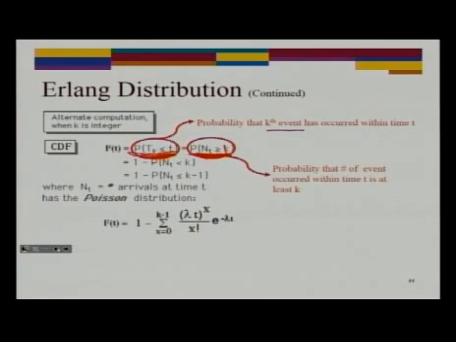However, to compute the Erlang distribution, you should have the gamma table. But usually the gamma table is not handy. That's why in most cases, if you are required to compute a probability value using the Erlang distribution, we usually go through the Poisson distribution. This is very important. Keep in mind that T sub k follows the Erlang distribution, but N sub t follows the Poisson distribution, okay?